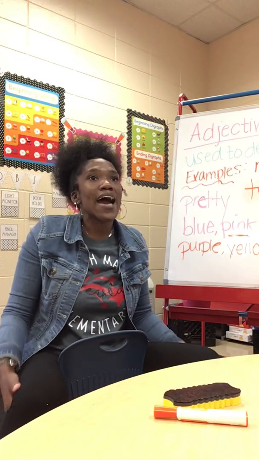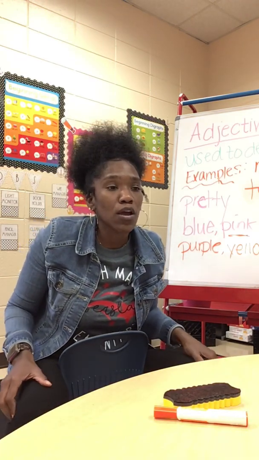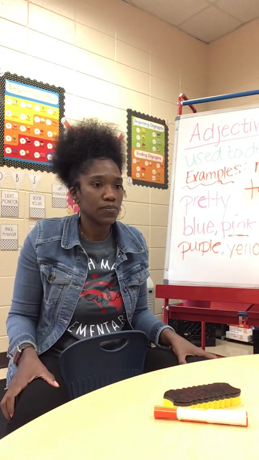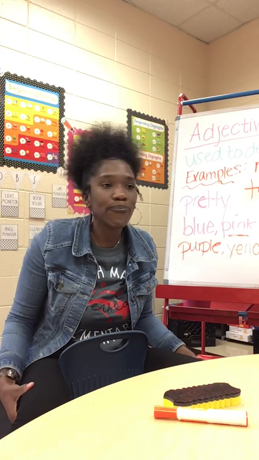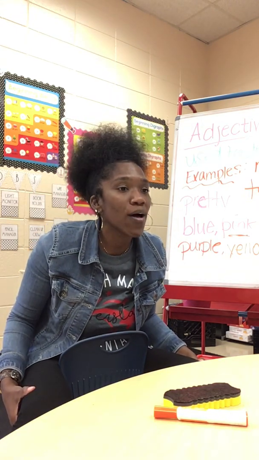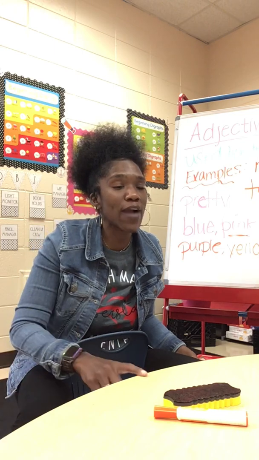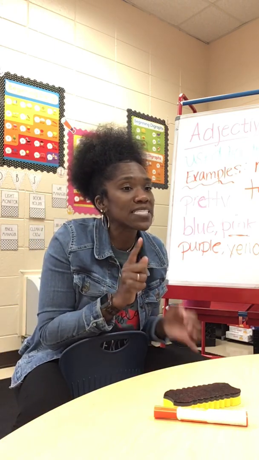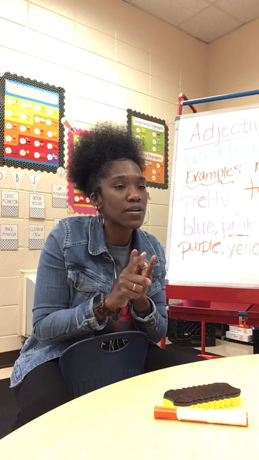What if I said that I am running to the purple store? What's the adjective? Remember, purple is describing the store, the purple store. Memphis and Callie, you two said running.